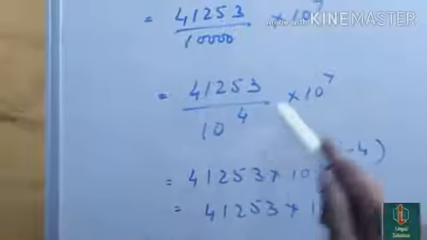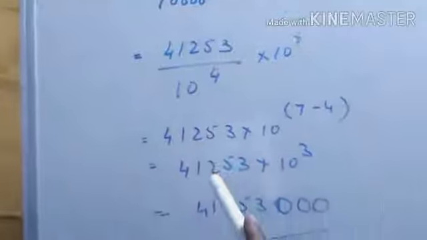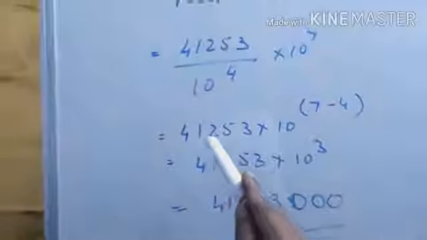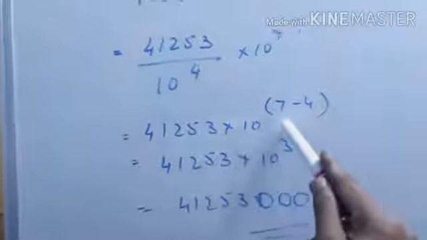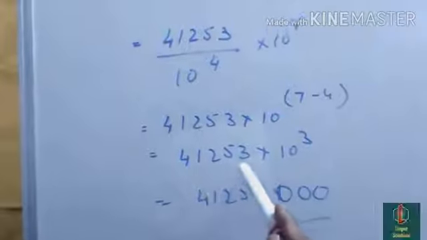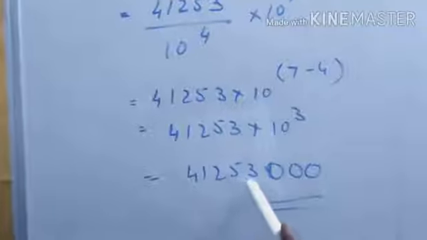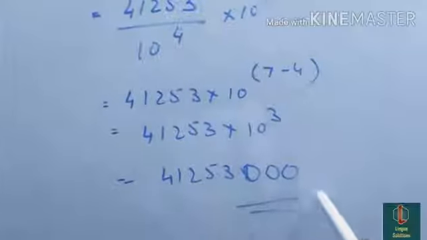Here bases are same, so we will subtract the power, which is equal to 41253 into 10 to the power 7 minus 4, which is equal to 41253 into 10 to the power 3, which is equal to 41253,000. This is the answer.